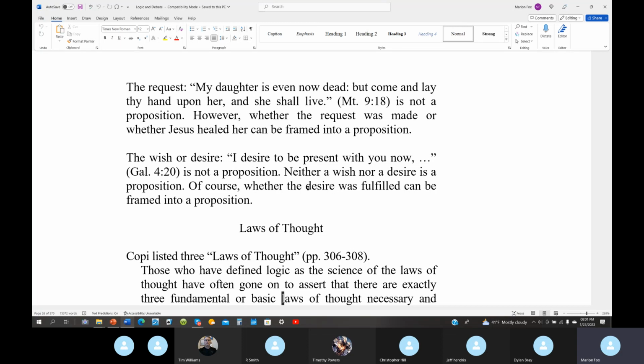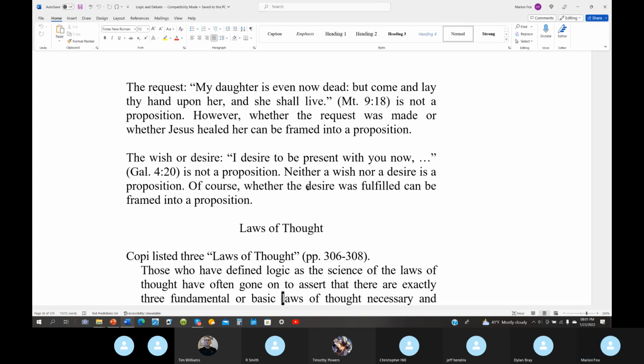It's not a proposition because it's not true or false. It's true that the man said it, but the statement itself can't be framed as either true or false. Whether the request was made, or whether Jesus healed her, could be framed as a proposition, but the request itself is not a proposition.